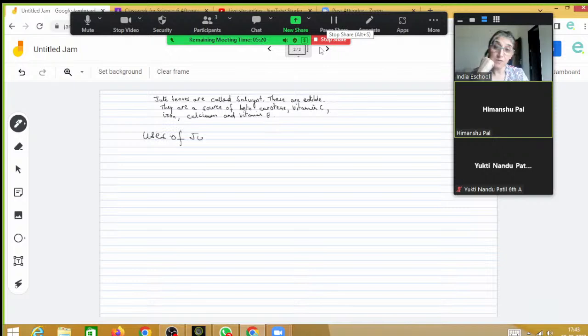We make clothes and other products also, like bags, etc. Second, it is edible. It is edible and a very nutritious source. Very nutritious. Yes, ma'am. What else?